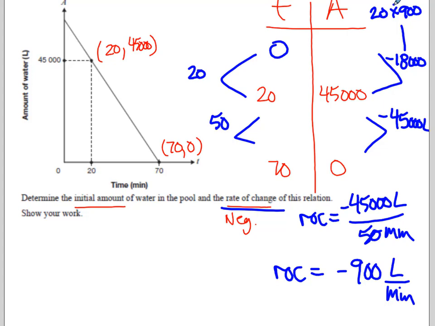I can't fit the negative sign in there, but you can see it there. So whatever number I have up here, I subtract 18,000 from it, and I get to 45,000. So the number that's missing, I think, is 63,000 liters. If I started with 63,000 liters, after 20 minutes it's gone down 18,000, and I'll be at 45,000. So the initial amount is 63,000 liters.